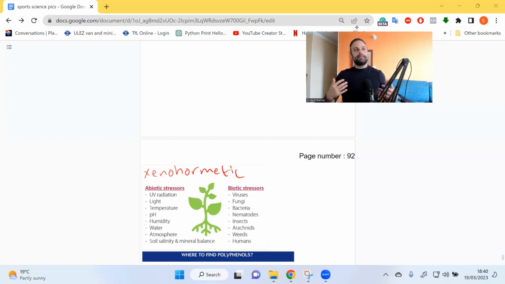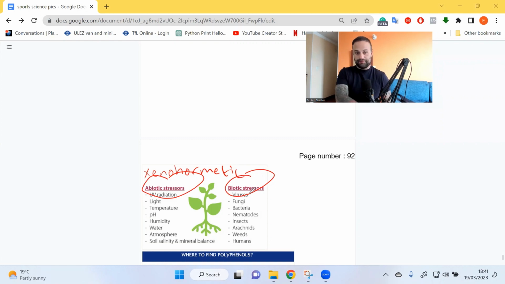They are created in plants when the plants are stressed out. There could be abiotic stressors, as you see in this image down here, and there could be biotic stressors. Abiotic is non-living things, biotic stressors are living things. So things that will stress out the plant.